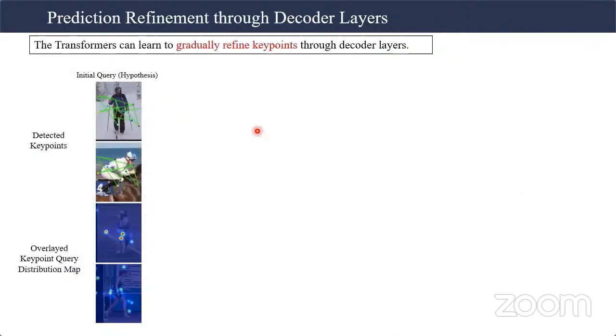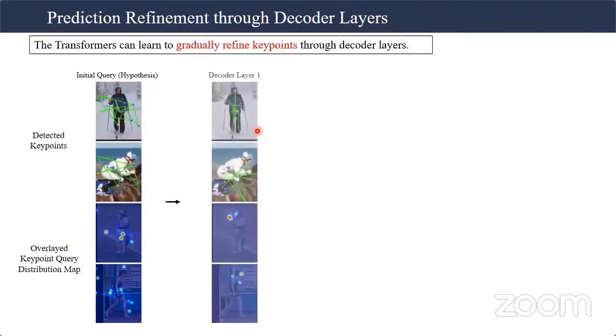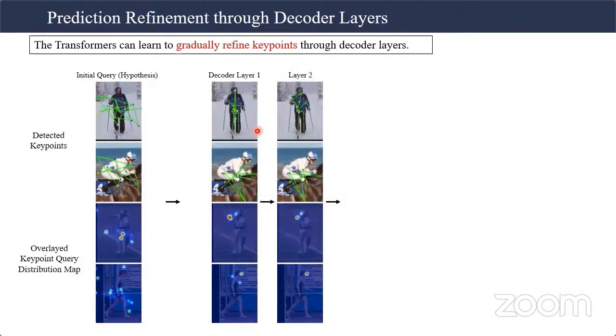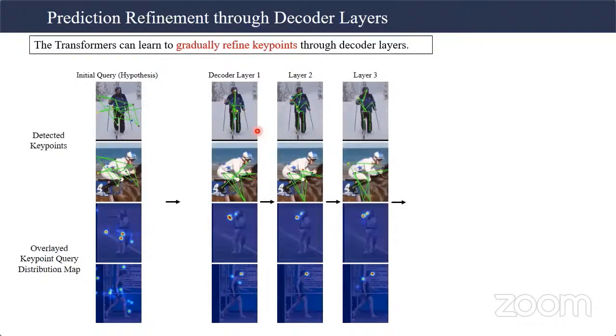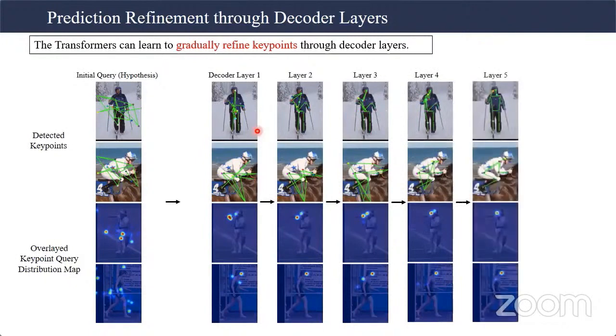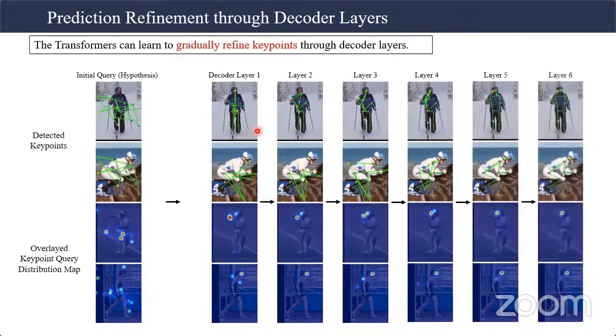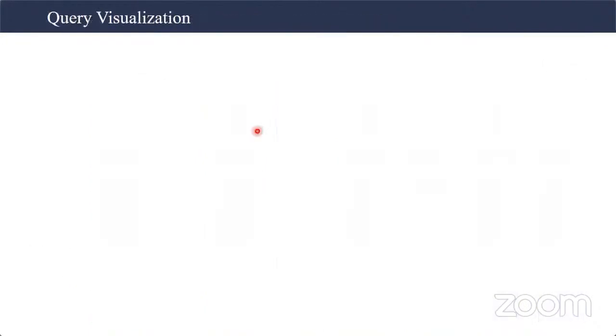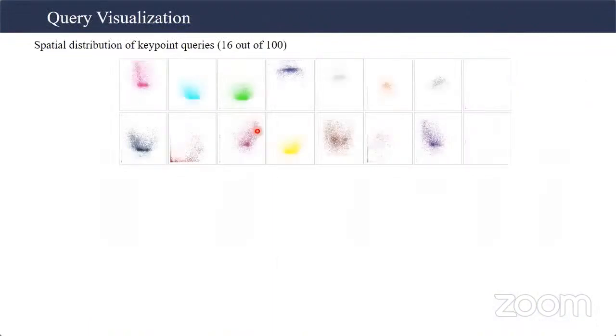Here it shows the visualization for extracted key points at different layers. You can see the process of refining the key points. We also visualize queries for the different control points.